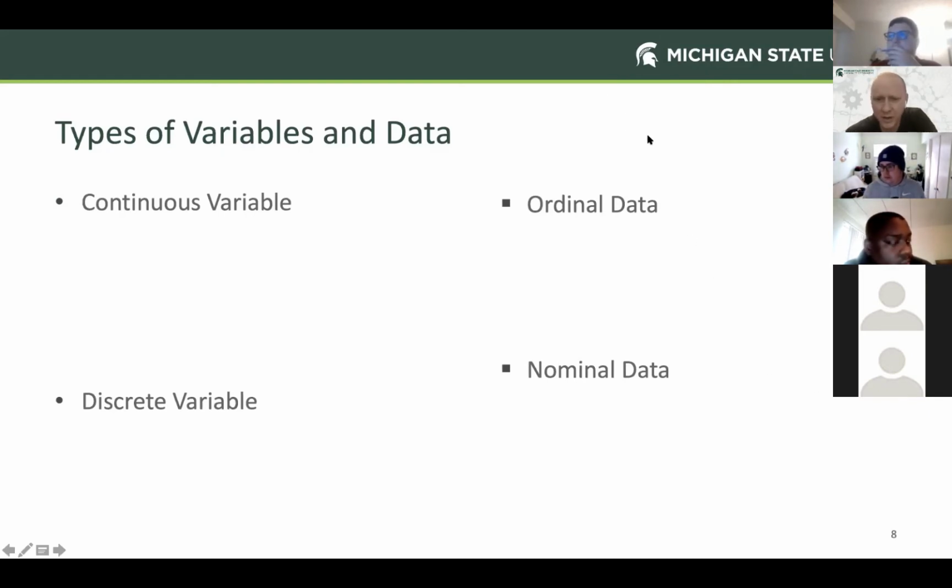And so just by, I guess, show of hands here, you should all have the capability to raise your hands in response here. So how many of you are familiar with differences between continuous and discrete variables?